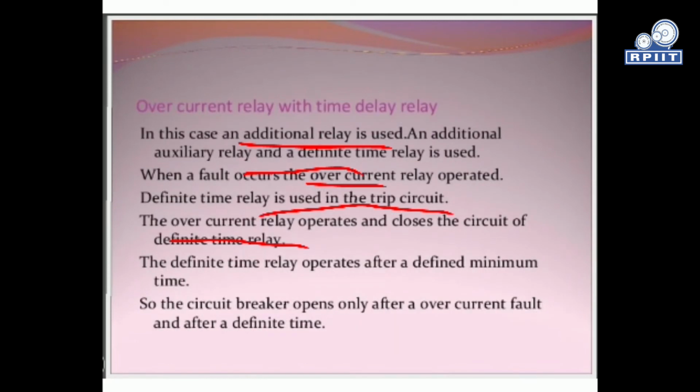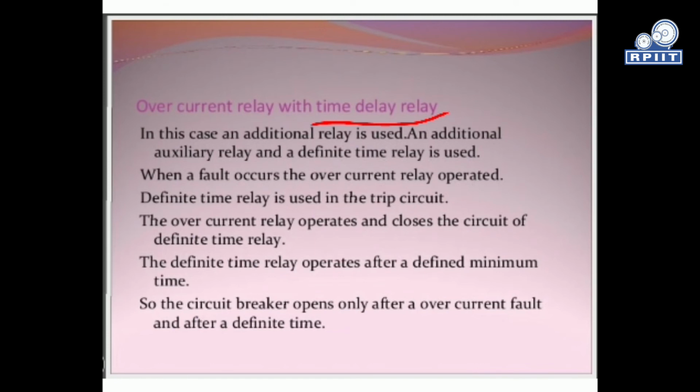Now the overcurrent relay is also available with a time delay unit. What is the function of this time delay? Our relay will operate after a defined minimum time. If we define the time for the relay within the limit of the fault, then the circuit breaker will open only after an overcurrent fault and after a definite time.